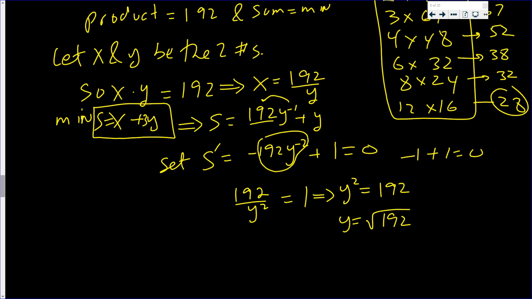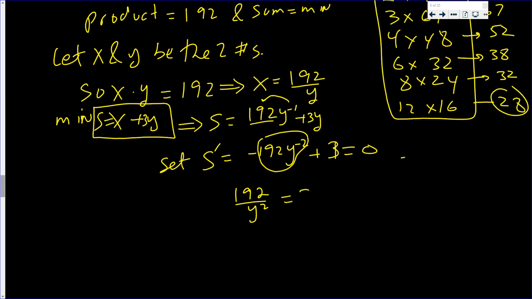So this should have been 3y, and the derivative of that is 3. Minimize x plus 3y. Sorry about that. So the only real problem is that this should be 3, because negative 3 plus 3 is 0. So 192 y to the negative 2 must be 3.